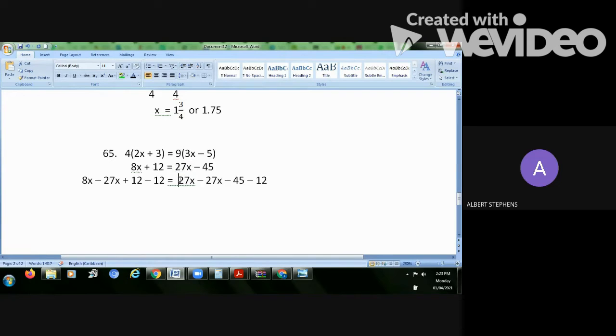So she subtracted 27x, and if you subtract 27x on the right, you have to do the same thing on the left. Then we have a plus 12 on the left, and she got rid of it by subtracting 12. If you subtract 12 on the left, you have to subtract it on the right.